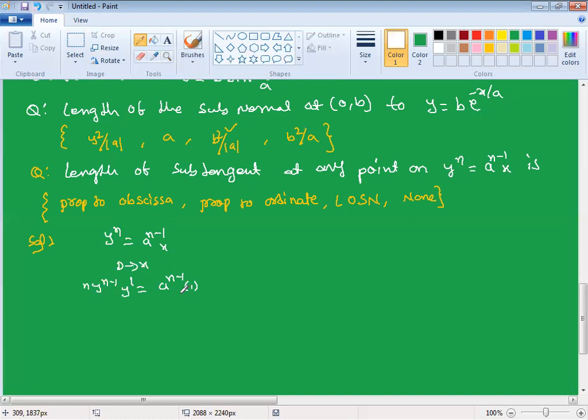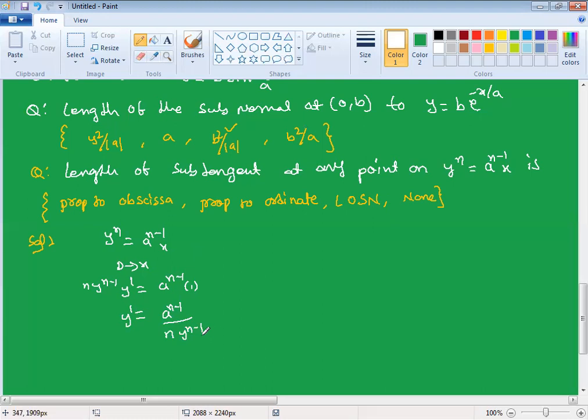Why? Because a power n minus 1 is a constant, and x derivation is 1. We need only y dash. Y dash equal to a power n minus 1 by n y power n minus 1. This you will get actually.